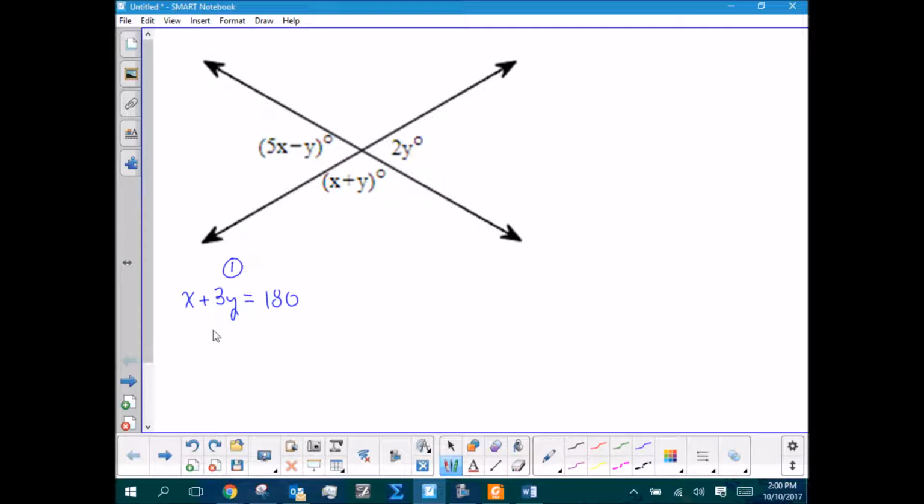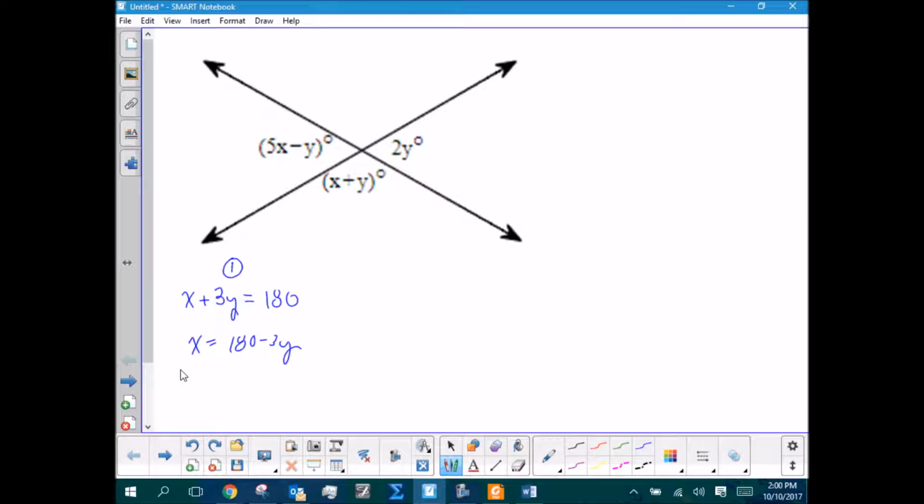Now, what is wrong with that equation? Maybe not so much what's wrong with it, but what is problematic about it? 2 variables. Okay? And we have 2 variables. We can't solve it directly for a numerical value. Now we can do some stuff. We can say, well, x is equal to 180 minus 3y, right? But I don't know what x is until I know what y is.